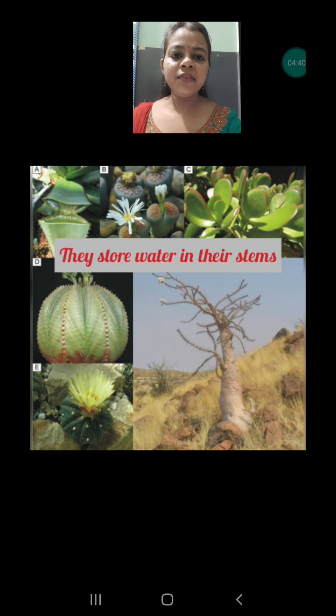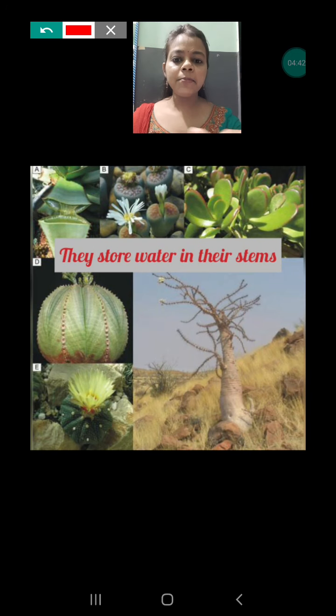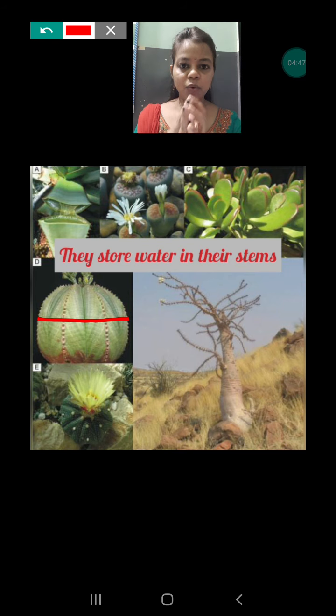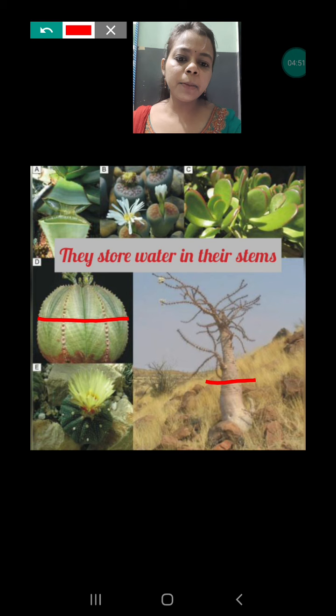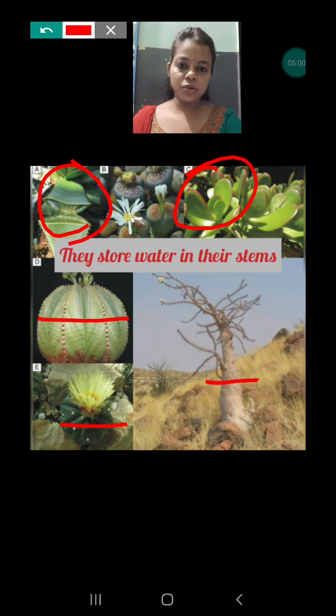Next, they store water in their stem. Yes, it's very interesting. If you cut the stem of these desert plants, you can see they are like a bottle, and inside they are storing water. In aloe vera, the water is present in gel form. You can see the same in some succulent plants. If you cut these leaves or stems, you can see the water stored, because these plants are always ready for not getting water.